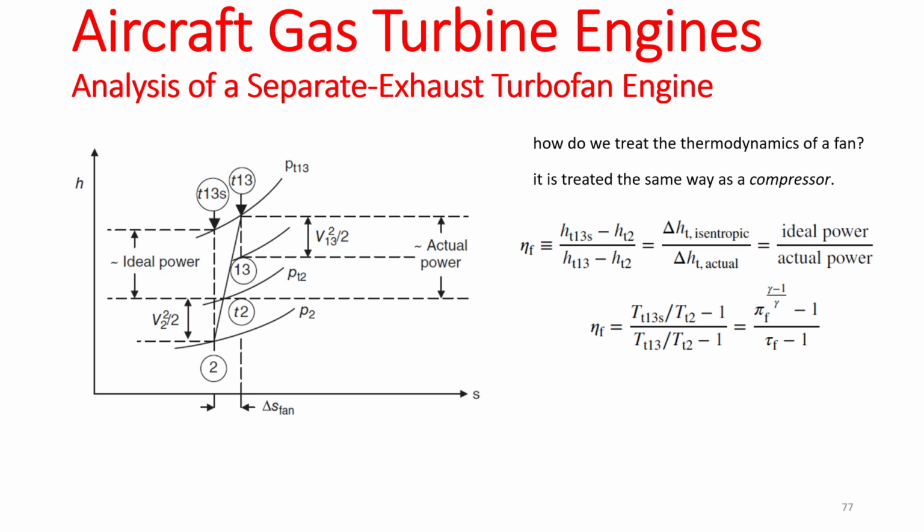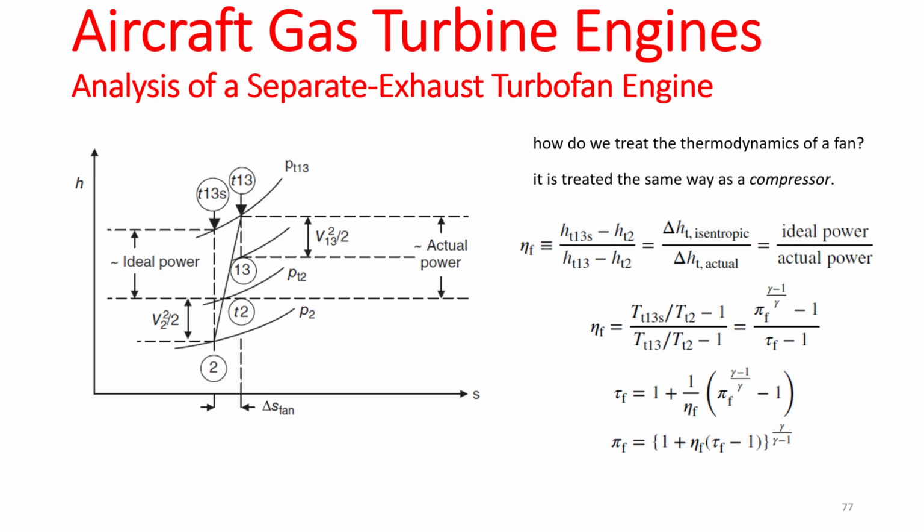So we can rewrite this whole thing to give us the temperature ratio or the pressure ratio, which is essentially what you usually do. You usually get one of the temperature or pressure, and you have to calculate the other one, right?